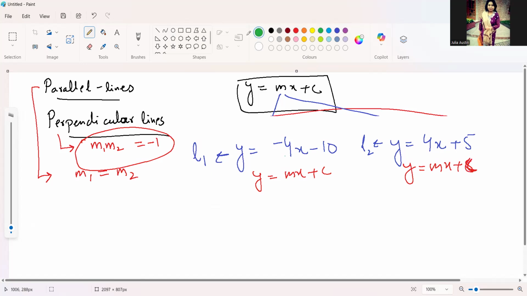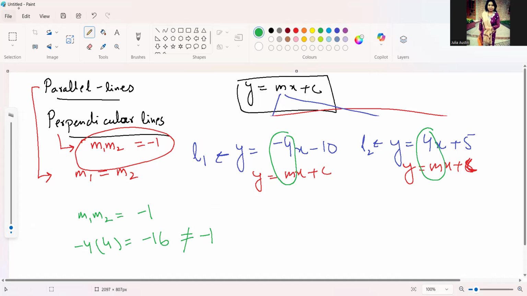I can see from here that the gradient for this one is -4, and the gradient for this one is 4. So if I multiply them, m1 times m2 should be equal to -1. Let's see. -4 times 4 is equal to -16, which is not equal to -1. So that definitely means that this is not perpendicular.